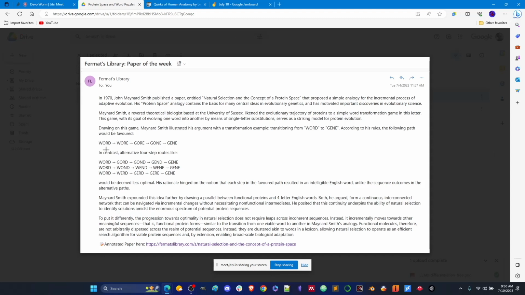So you're mutating the last letter from D to E. Then the third word is gore, which is mutating the first letter from W to G. And then the fourth word is gone, where you mutate the third letter from R to N. And then the fifth word is gene, which is mutating the second letter from O to E. So you go from word to gene in 5 steps. And you can map that out in a tree.